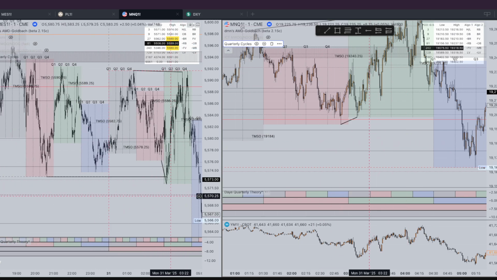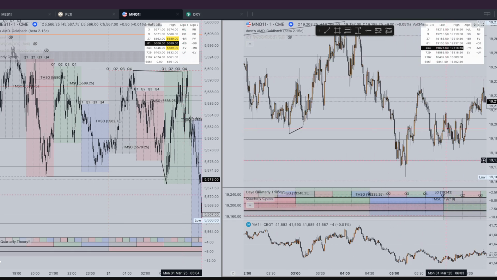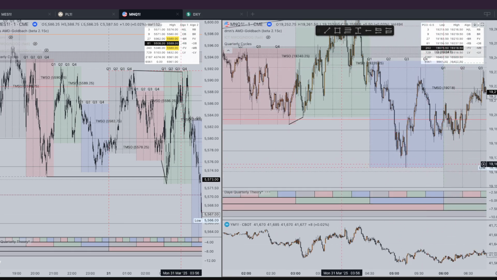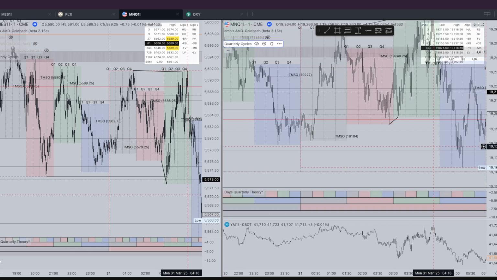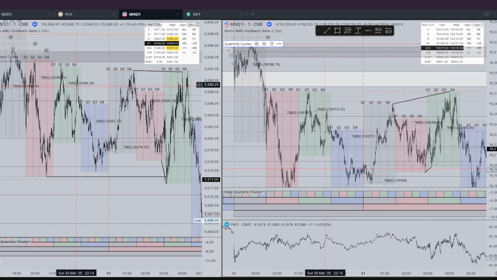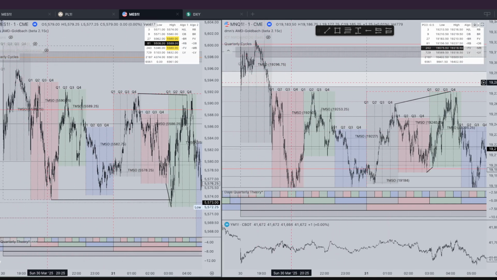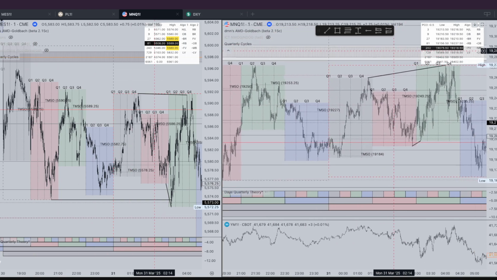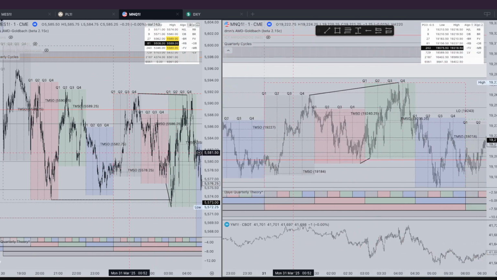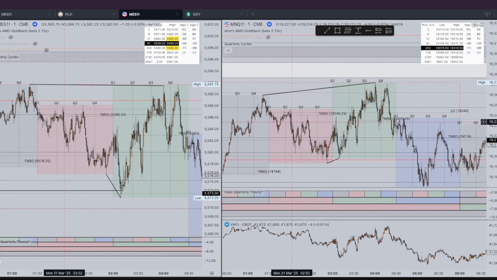Okay. And on top also, what happened? On top, we see, if I'm looking at this, the Q1 highest high is over there. Also, the true open is the opening price of Q2, right?